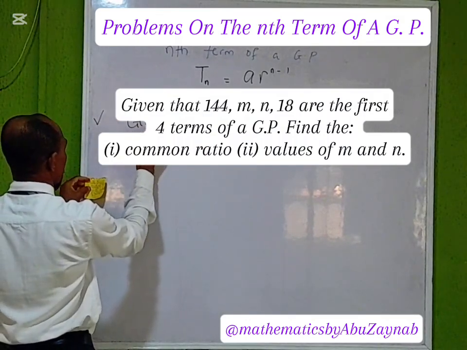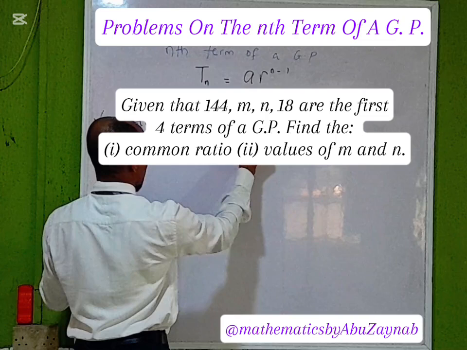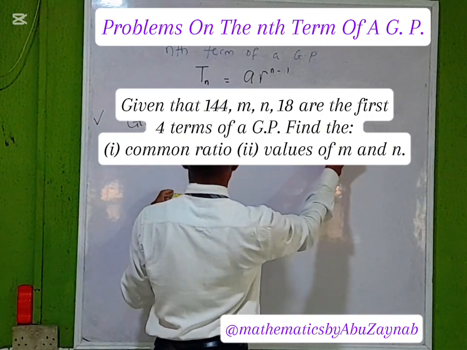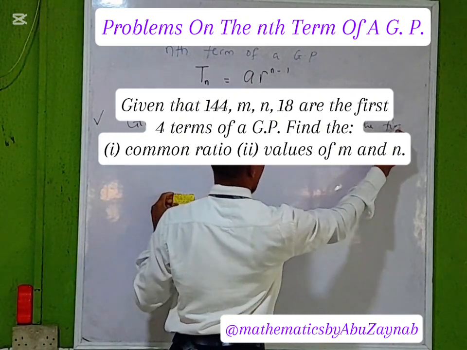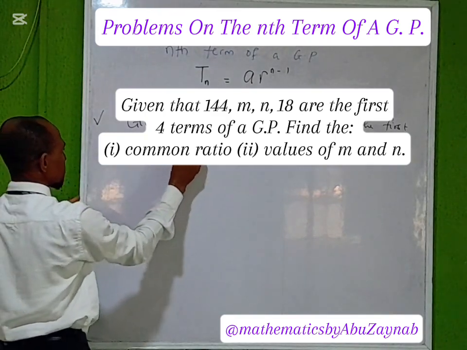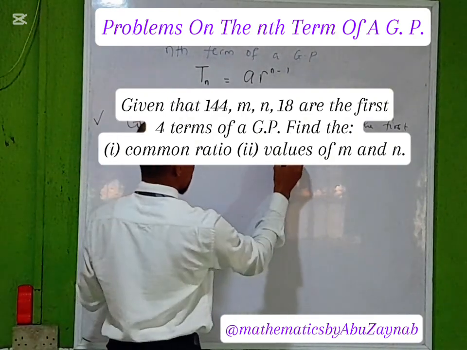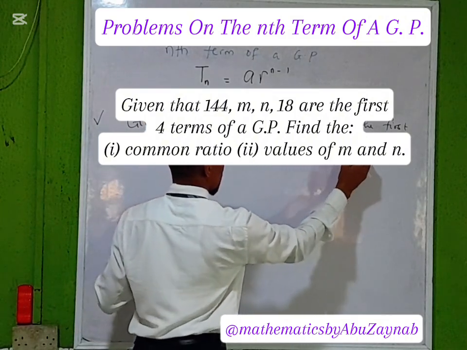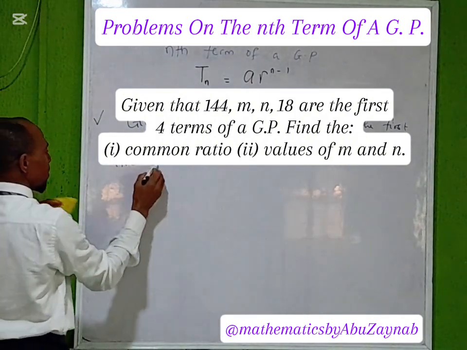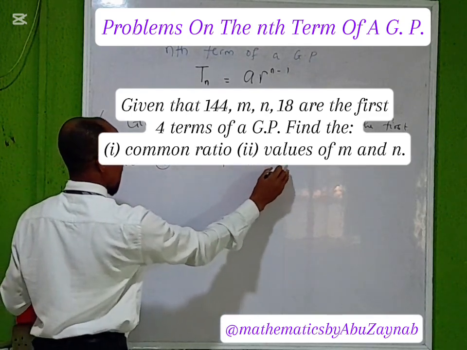Given that 144, m, n, 18 are the first 4 terms of a GP, that's geometric progression, we are required to find, first, the common ratio, and second, the values of m and n.